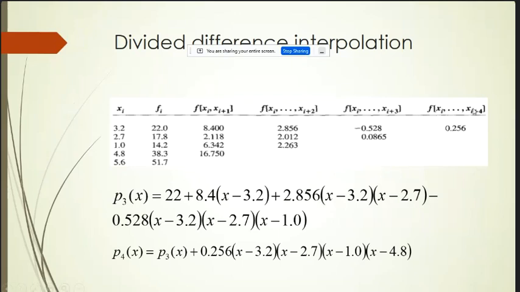And we can find the other degree of differences, divided differences, in the fifth and sixth columns of this table.